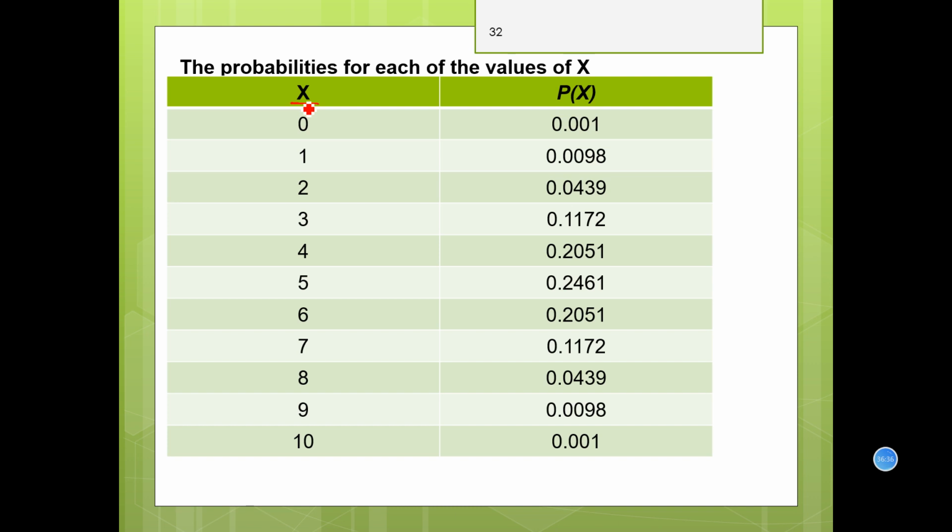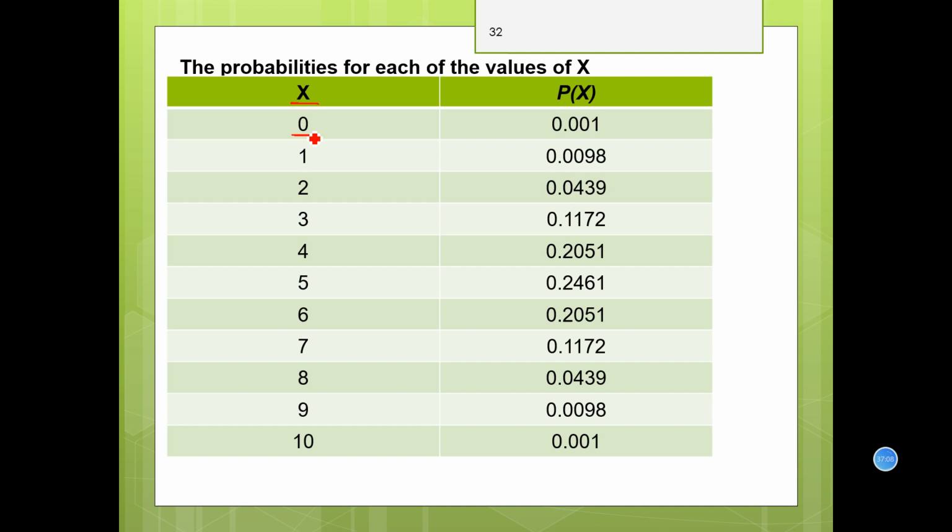So it's very unlucky, right? There are no heads in 10 tosses. We get a tail, and then a tail, and then a tail, again and again, until we get 10 tails. So at this time, x equals 0 because we got no heads in 10 tosses.